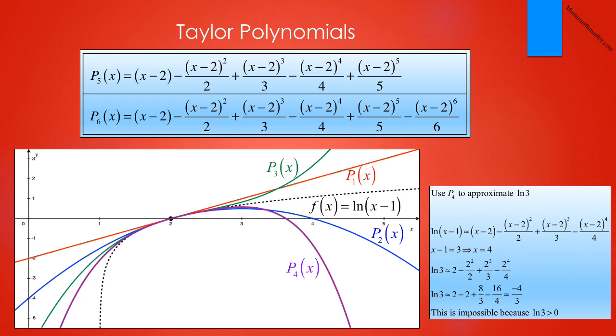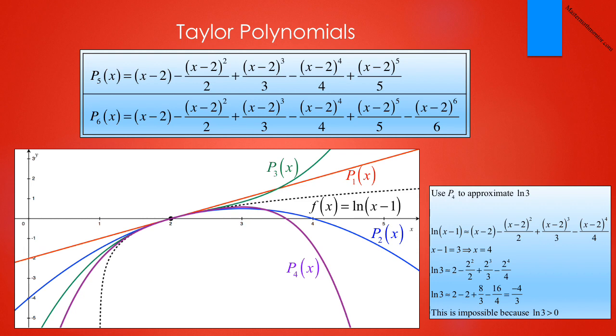And that will be equal to 2 minus 2 plus 8 thirds minus 16 over 4, which is negative 4 thirds. But we know that this is impossible because the natural log of 3 is a positive number. So what's going on here?